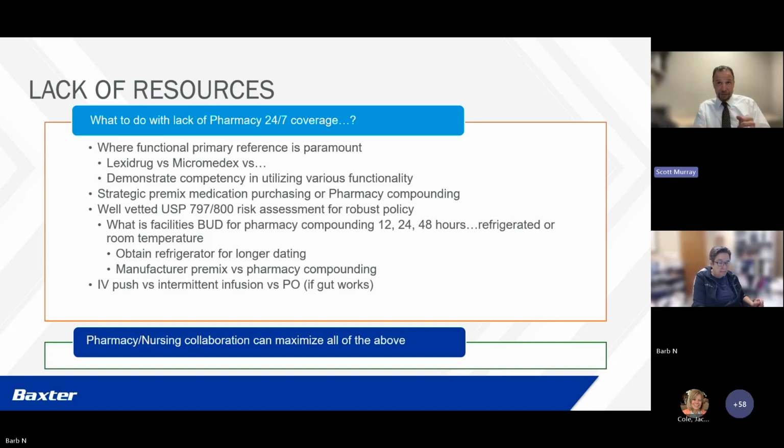Have a strategy for premixes. For the items that are premixed from the manufacturer, pharmacy is always encouraged by ISMP, and even regulatory, to get those premixed items as a hierarchy. It doesn't have to be unilateral that way, but if a manufacturer has a premix out there, you want to give that a higher priority in purchasing.